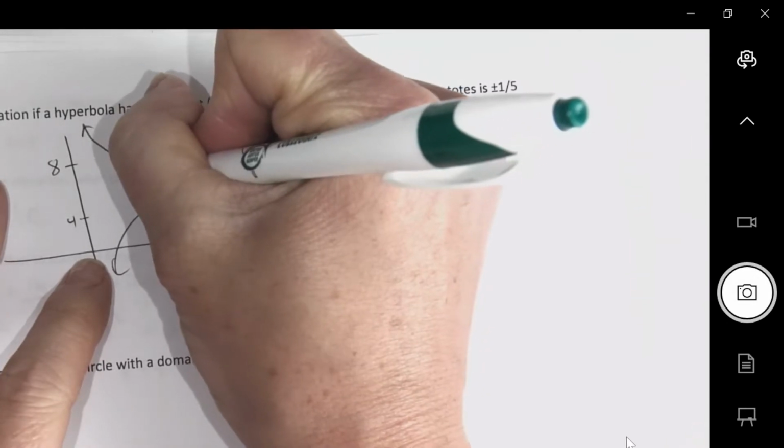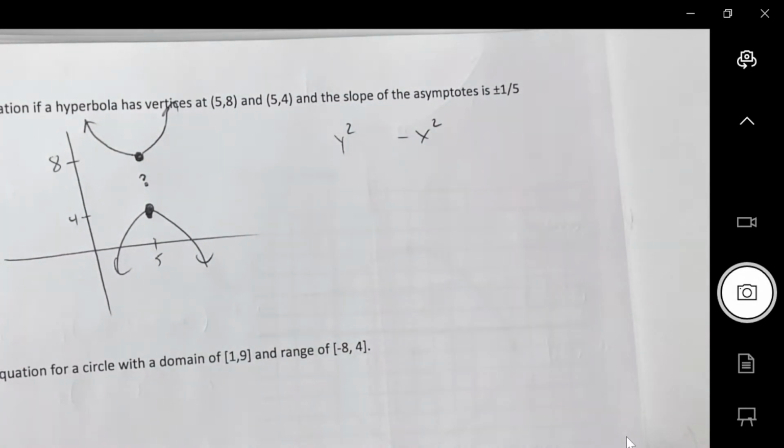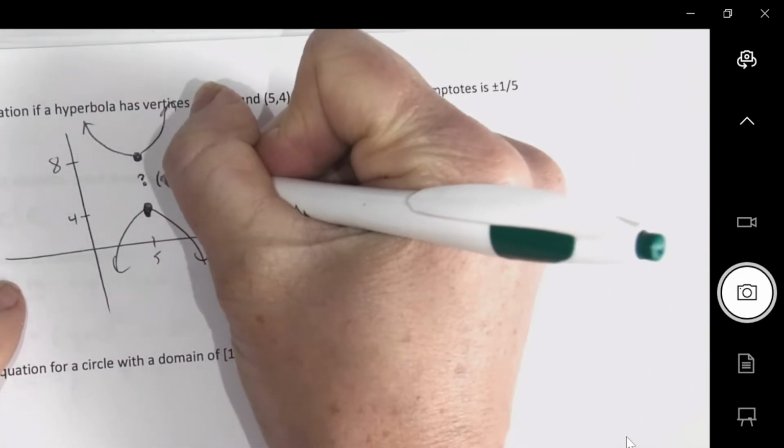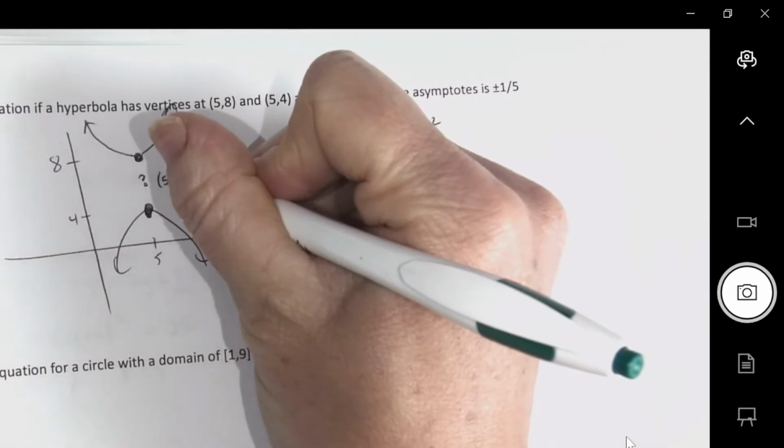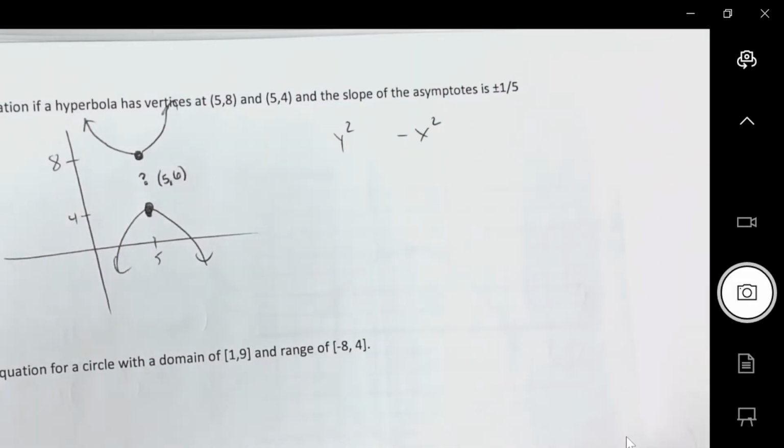Can you get me the coordinate that would be right in the middle of that? 5, comma, what's halfway? 6?